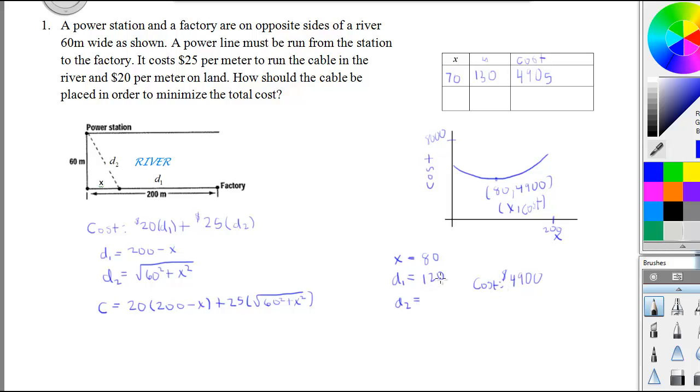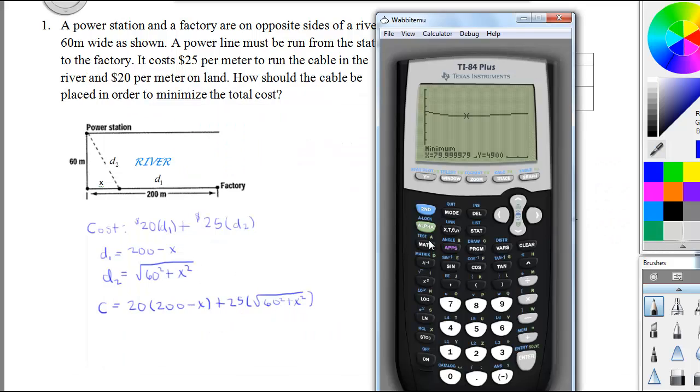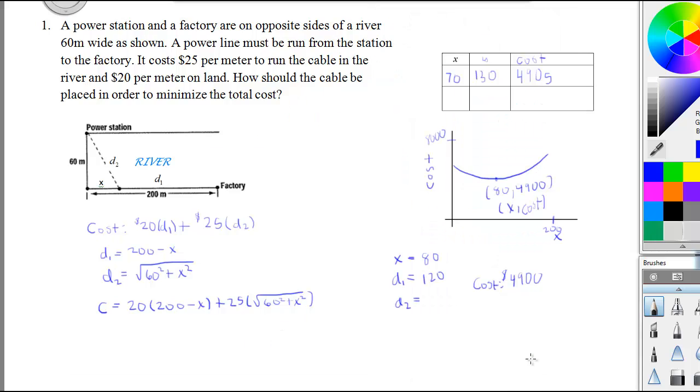And D2 would be the square root of 60 squared plus 80 squared, which is 100. I should have known that. And so these are all meters, and the cost is $4,900.